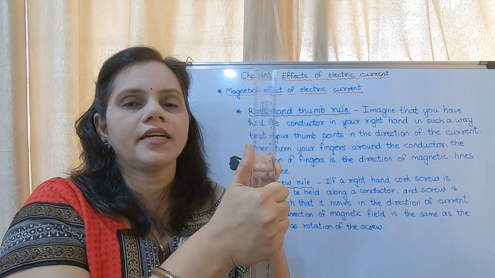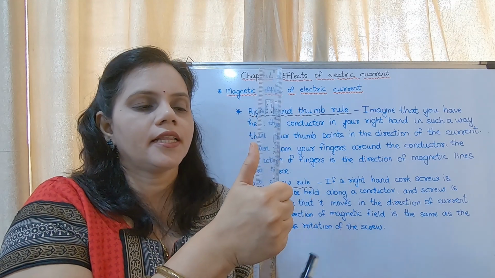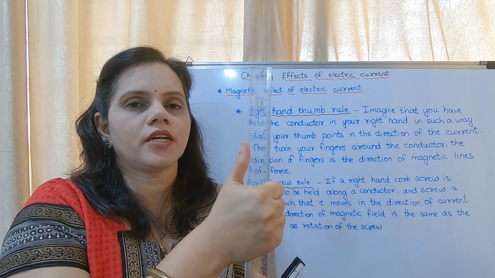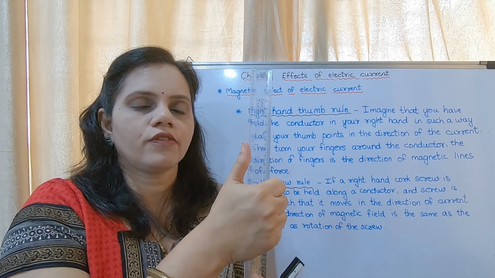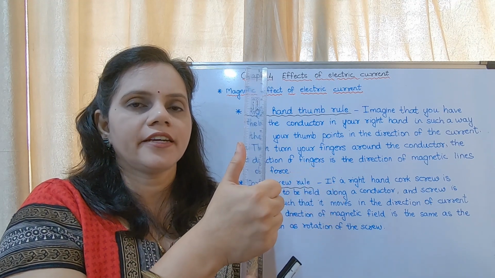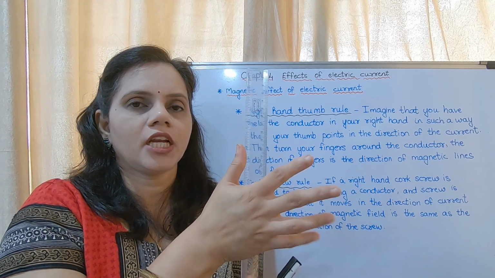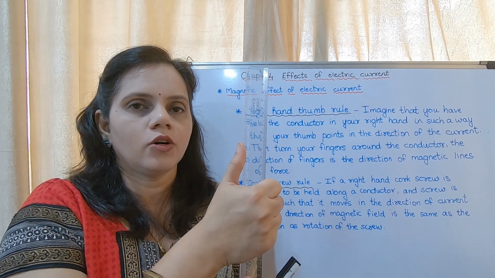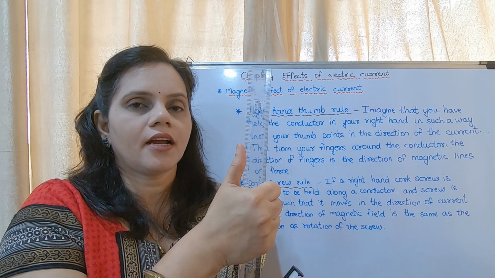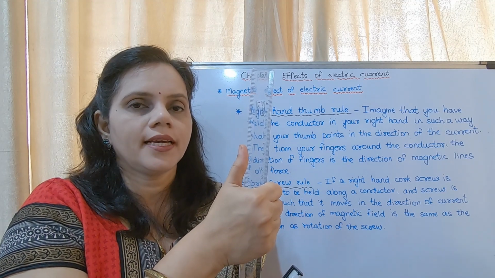If the current is flowing in this direction, what is the direction of the curled fingers? The direction of curled fingers is perpendicular to the thumb. You may see the fingers are perpendicular to the thumb. That means the current and magnetic field are always perpendicular to each other.